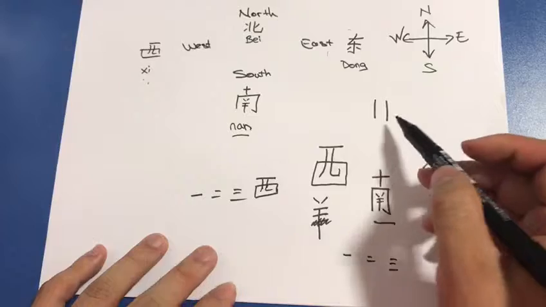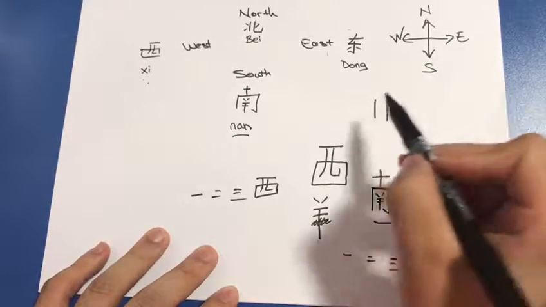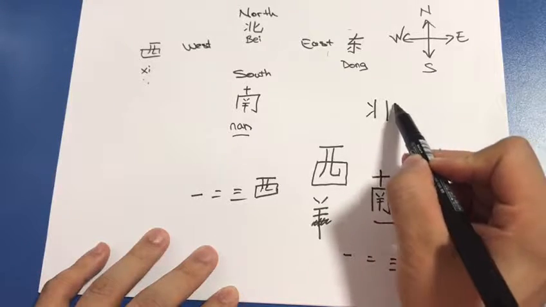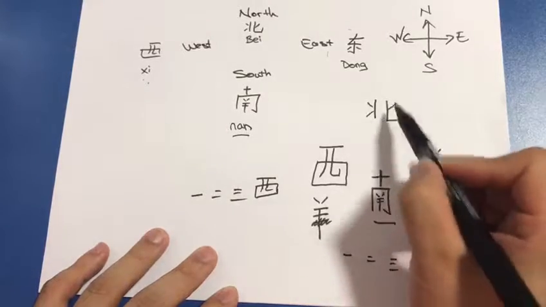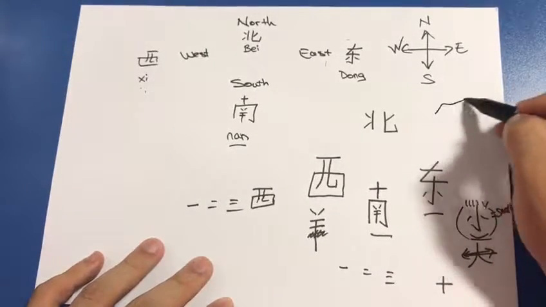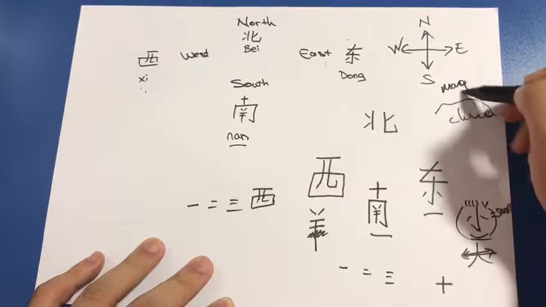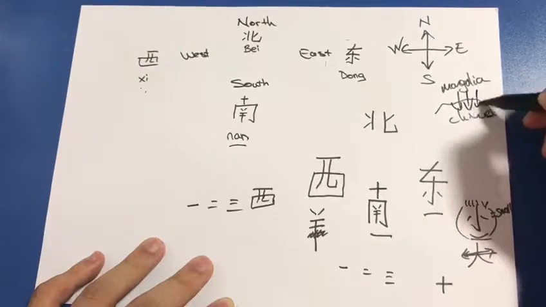And Bei. Now, Bei is 2 lines on the very top, and you just do 1, 2, 3, and up like that. Now, why is it this way? Because you see, in the north of China, a long time ago, you had the Mongolian people in the north, and they always attacked China from the north.